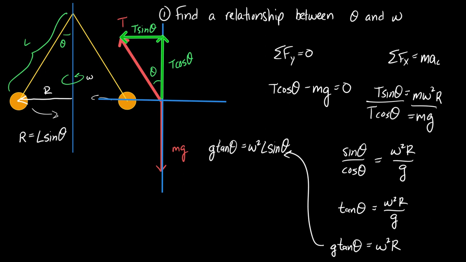So I'm going to regress a little bit and write g sine theta over cosine theta. That way the sine thetas cancel. So g divided by cosine theta equals omega squared times L. You needed to define a relationship between theta and omega. This is a relationship between theta and omega.